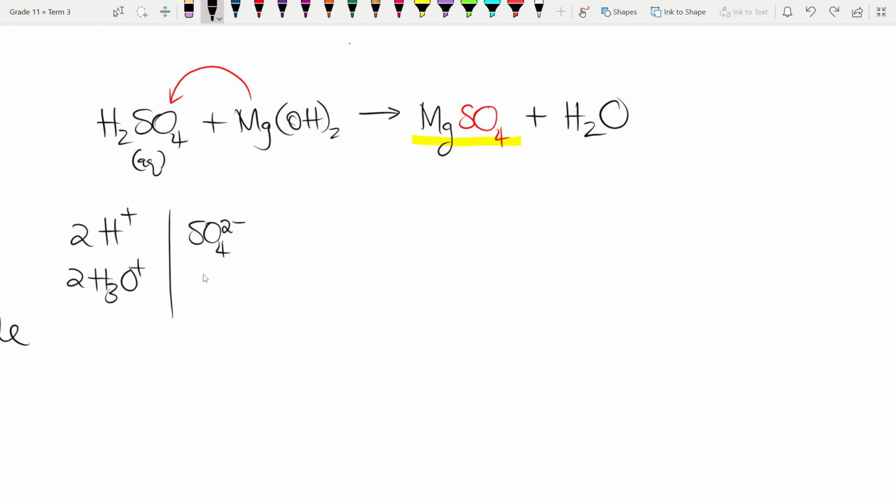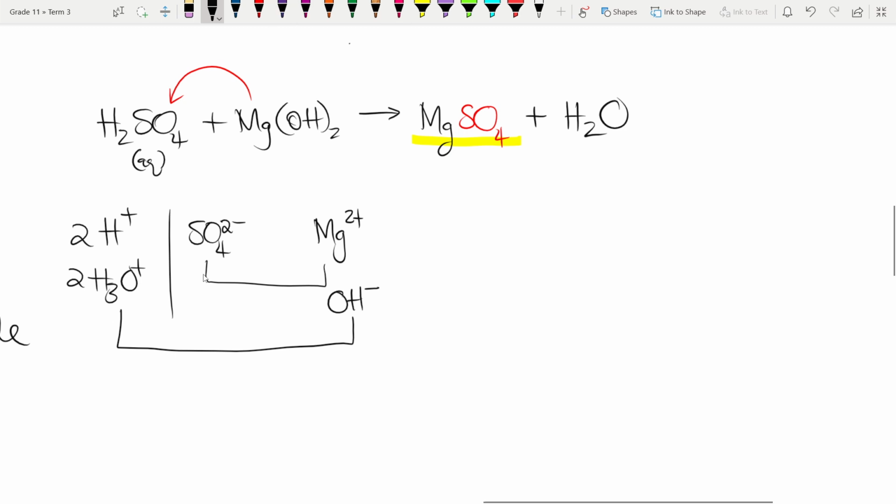And then Mg comes around, and Mg has these ions, Mg2 plus, which is going to attract this, and it also has these ions, OH minus, which is going to take this one.